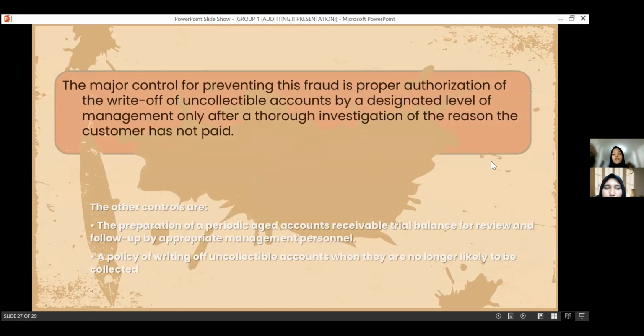The major control for preventing this fraud is proper authorization of the write-off of uncollectible accounts by designated levels of management only after a thorough investigation of the reason the customer has not paid. The other controls are the preparation of a periodic aged accounts receivable trial balance for review and follow up by appropriate management personnel, and a policy of writing off uncollectible accounts when they are no longer likely to be collected.